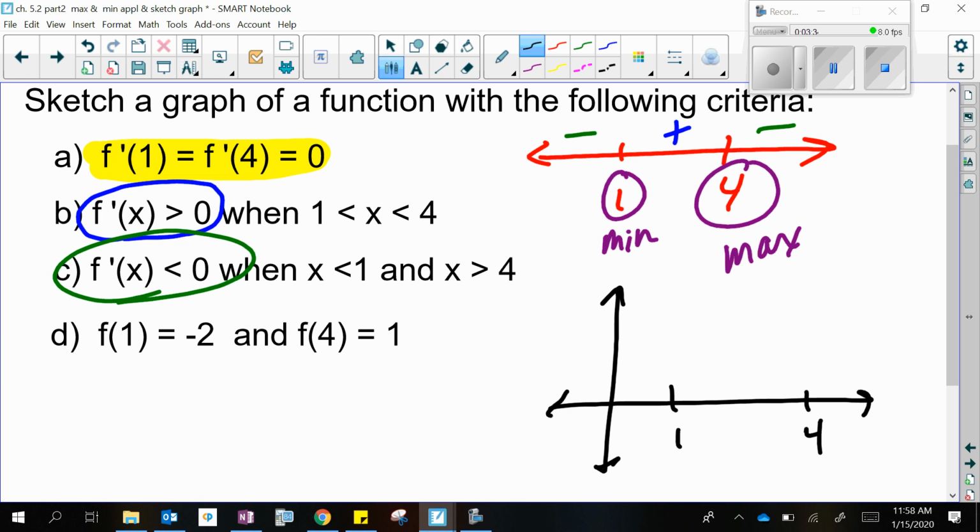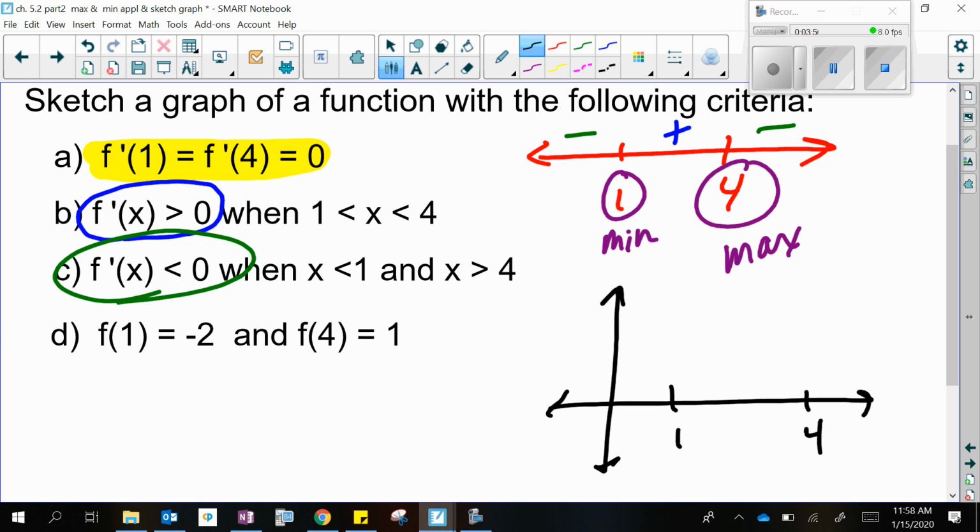Question? Oh, okay. All right, so now it tells us f of 1 is negative 2. So what does that tell us? Right, when x is 1, y is negative 2, of which equation? The original or the derivative? The original, right?